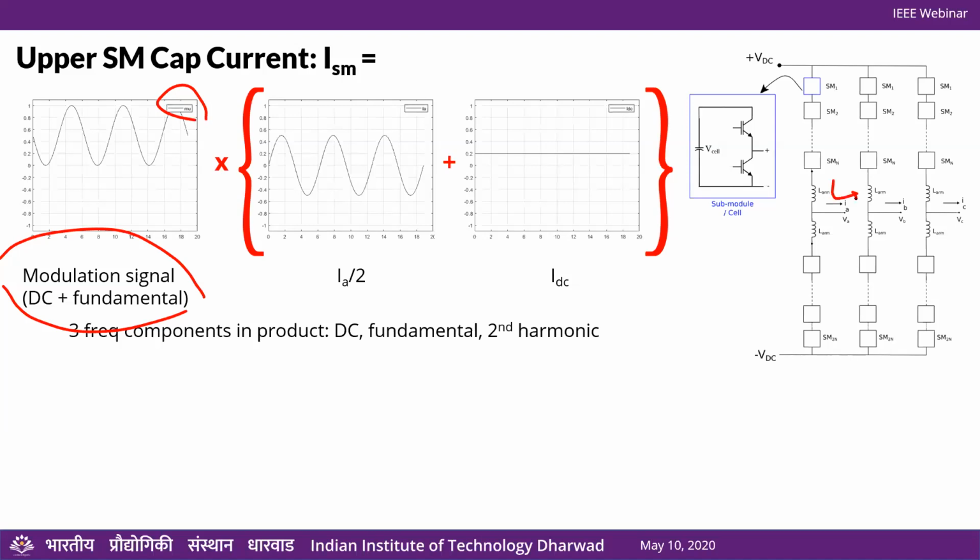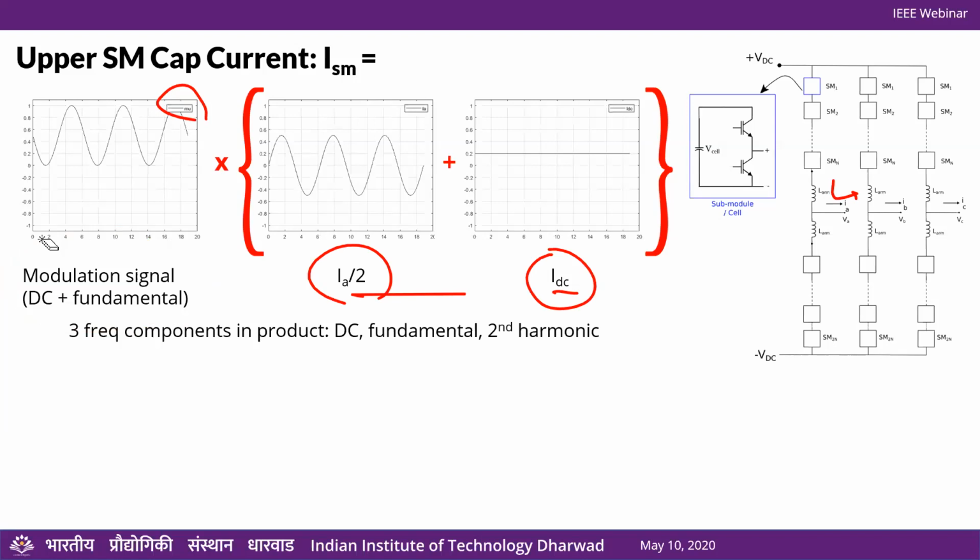IA by 2, we already know, consists of the sinusoidal component which goes out, plus some DC component, which I've shown here. Now, this contains DC plus fundamental. This contains DC plus fundamental. So the output is going to have 4 terms and is going to have 3 frequency components. That's fairly obvious from just Fourier analysis.